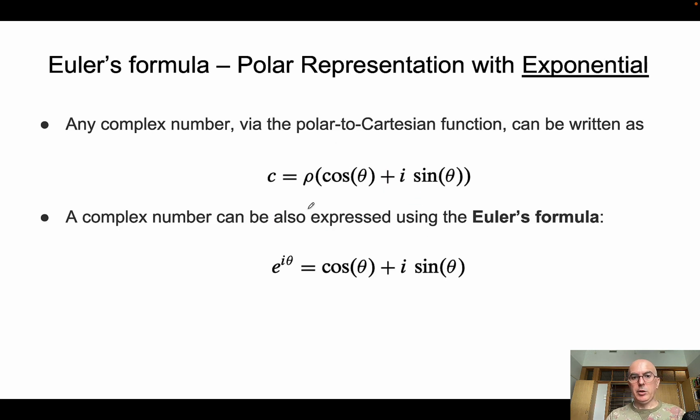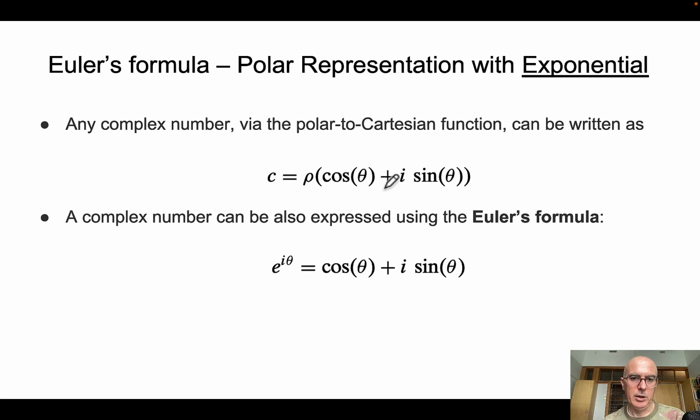So we saw that when we have a Cartesian description of our complex number, we can switch to the polar description, but we can also do the opposite. We can go from the polar description to the Cartesian.